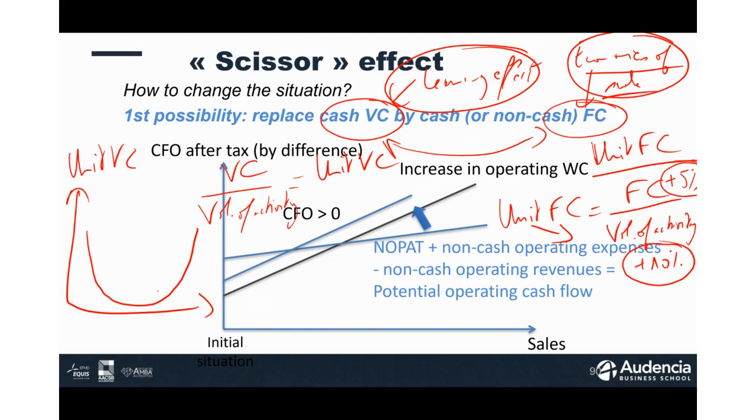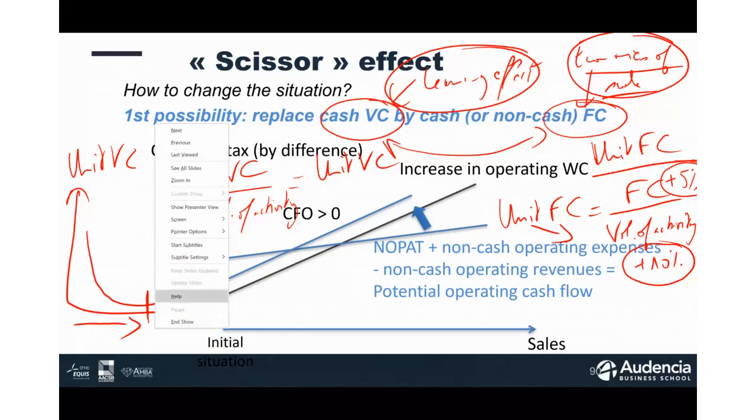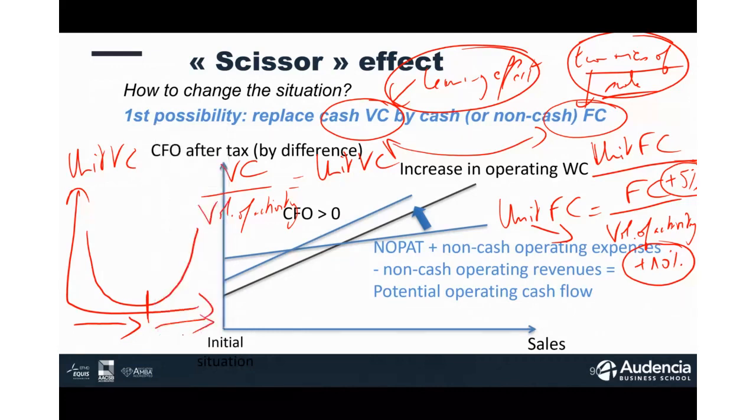If you don't invest at the beginning, you have the learning effect, you reduce the unit variable cost. But if you don't invest in the future, you will increase the unit variable cost because now it will be more difficult to produce. You have to spend more hours. It's more difficult for the coordination of the groups in order to work and so on. So we increase the unit variable cost.